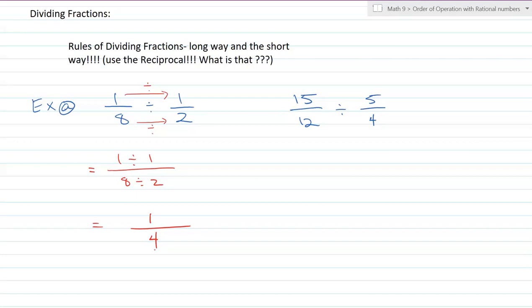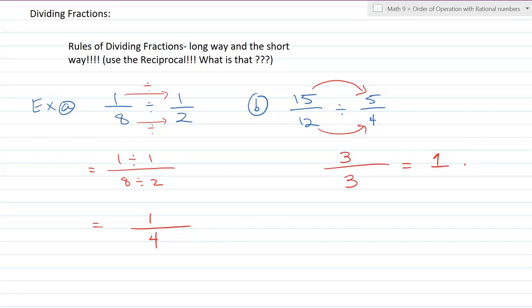Look at example B. Same idea. I'm not going to write it the long way anymore. You just divide the numerators, divide the denominators. So 15 divided by 5 is 3, and 12 divided by 4 is 3, and the final answer is 1.